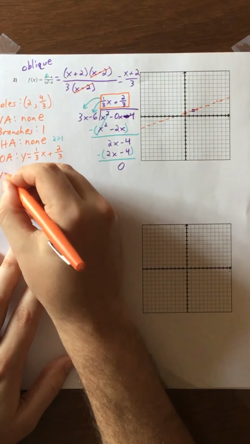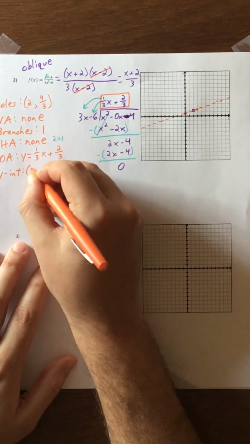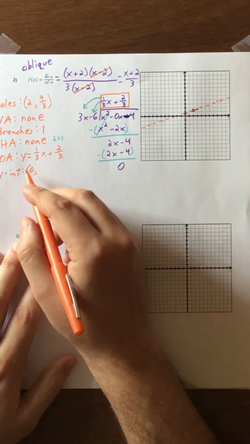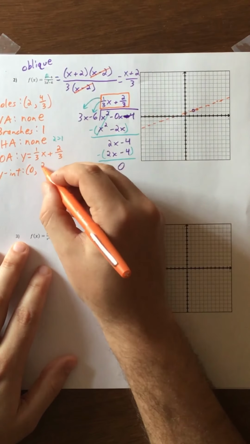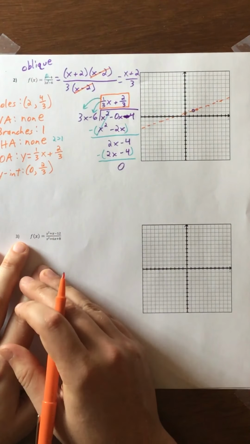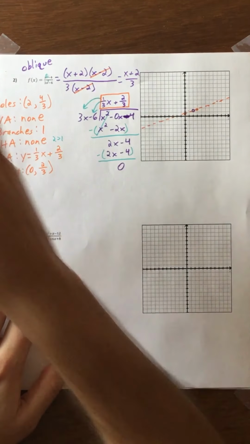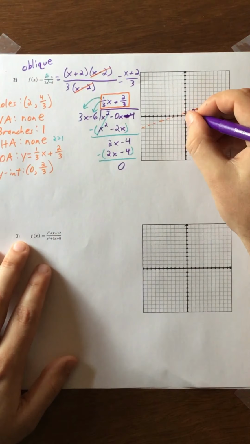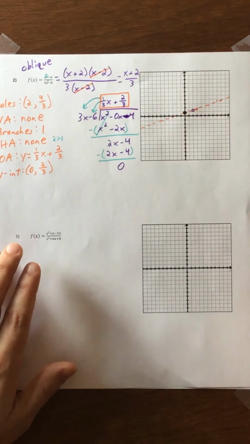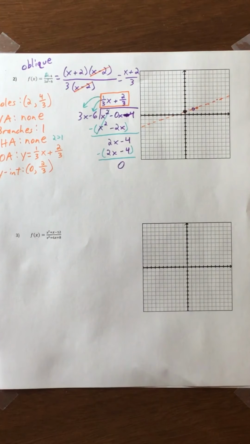Next step, y-intercept. Plug in 0 for x, I would get 2/3. Okay, I'm going to go plot that point. So (0, 2/3) falls right on the oblique asymptote, so that's important to remember for later.